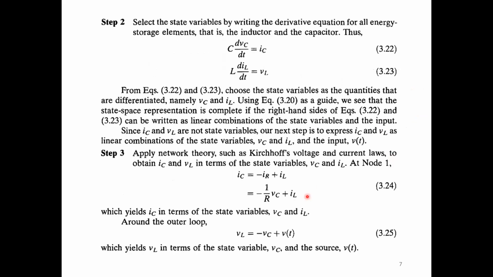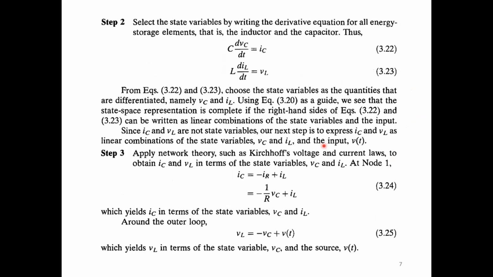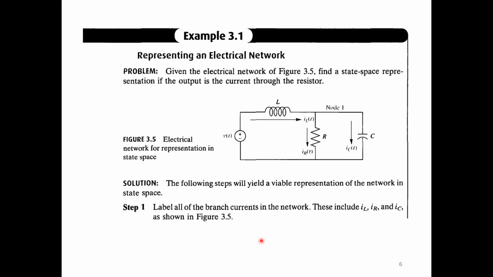Okay, so instead of IR, we can write 1 by R into VC. I can write like this. And around the outer loop, VL is equal to minus VC plus vT.